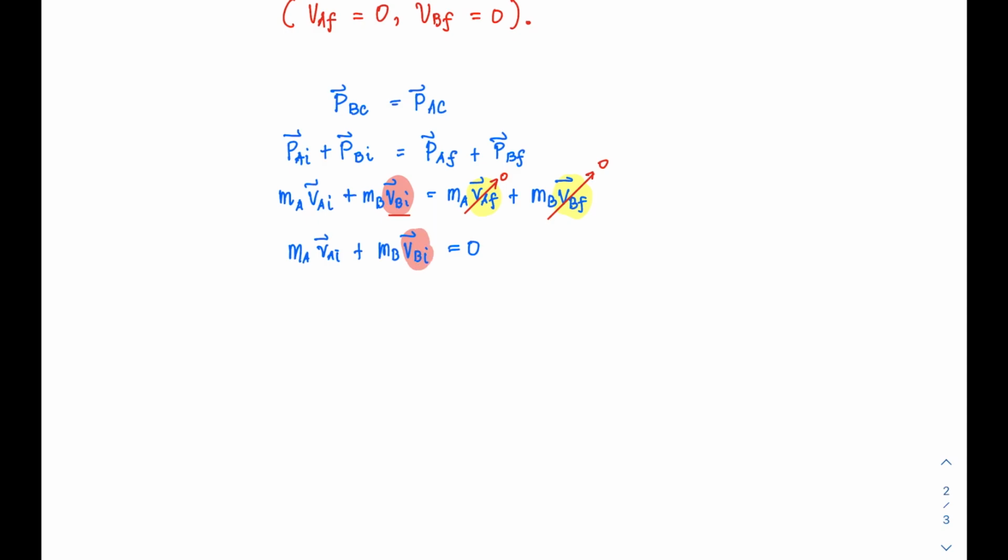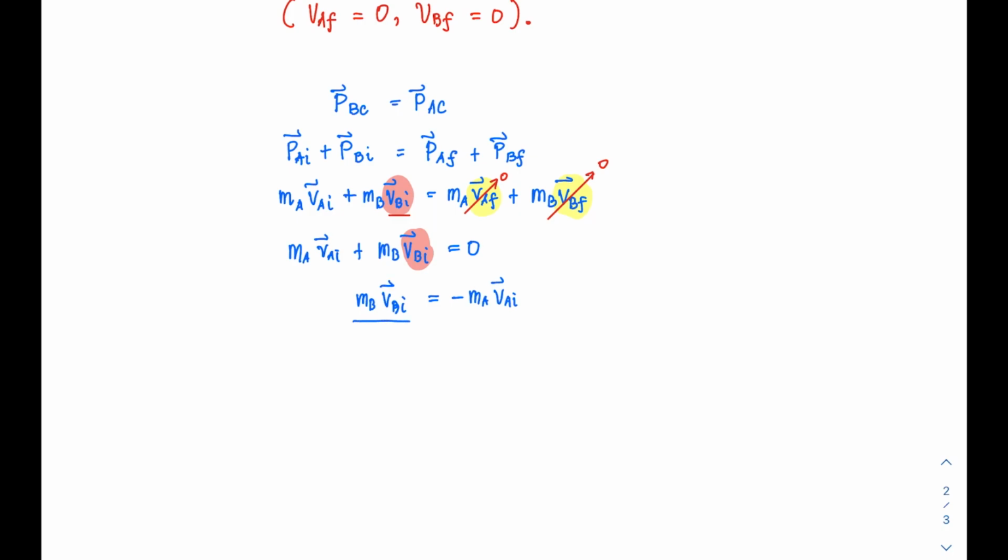So to do that, what I'm going to do is transpose this term to the other side. So I have MB VBI is just equal to negative of MA VAI.